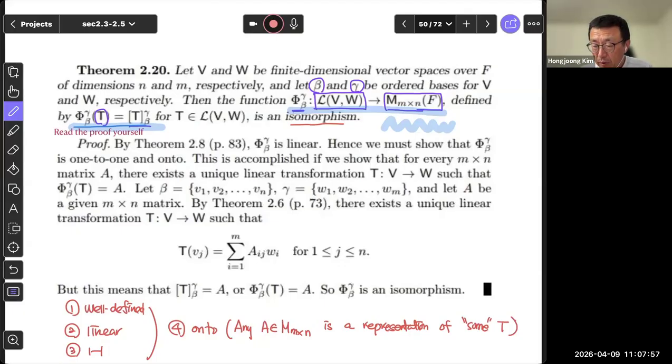So this portion just identifies this part. Okay, so that is simple.